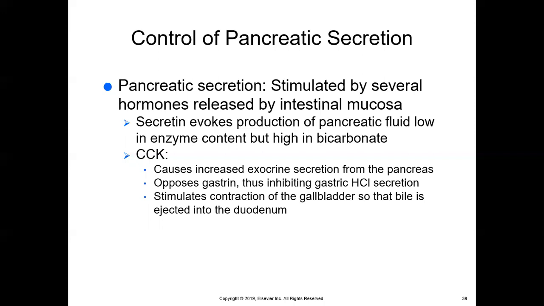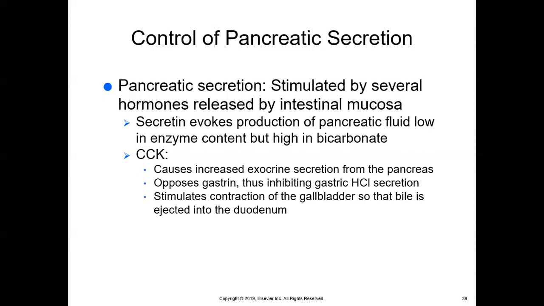So CCK opposes gastrin. So it inhibits gastric hydrochloric acid secretion, where gastrin was stimulated when you saw food or when you had the breakdown of protein or when that chyme was passing through the duodenum. And gastrin stimulates hydrochloric acid secretion.